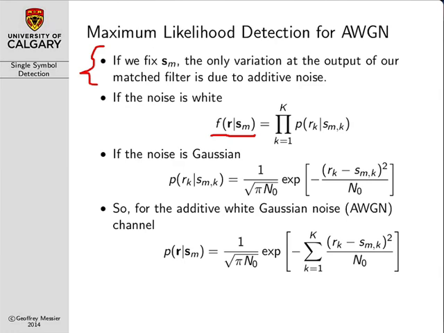However, if the noise is white, that means that the noise corrupting each value of our signal vector is independent. And so the overall vector joint distribution is equal to the product of, and this little p should be an f. These should all be f's, that's a typo.